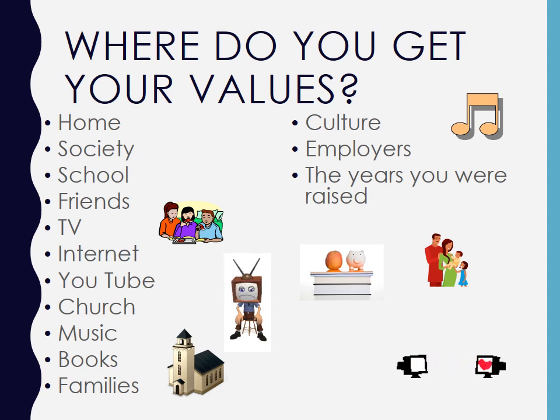The friends that you have, the TV shows you watch, the internet, if you attend a church or a religious group, music you listen to, books you read, employers, and all of your values are happening during the years that you were raised. So by the time you're an adult, you probably have a pretty established set of values.